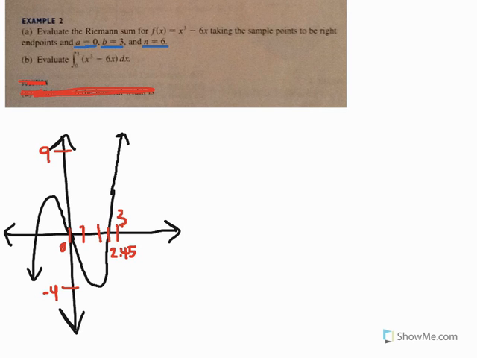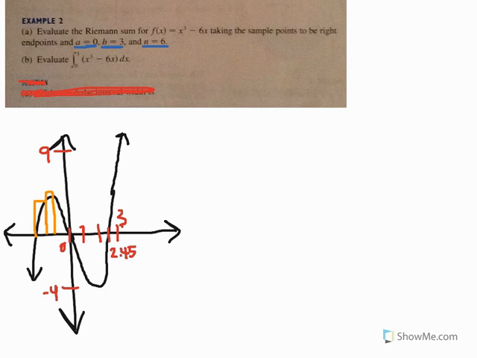So they want us to evaluate the Riemann sum by taking sample points to be right endpoints, and a equals 0, b equals 3, and n equals 6. That means 6 boxes. And taking the right-hand endpoint of the boxes, let me just draw. Let's pretend we're not taking the area in this area, but I'm just going to draw a box for you. If our intervals go like this, that's our interval.